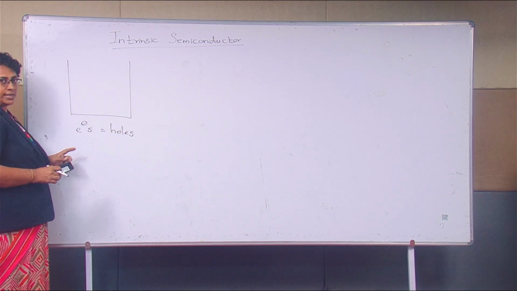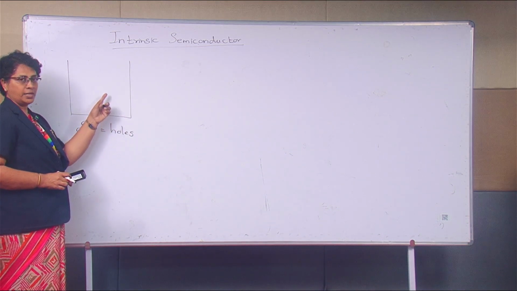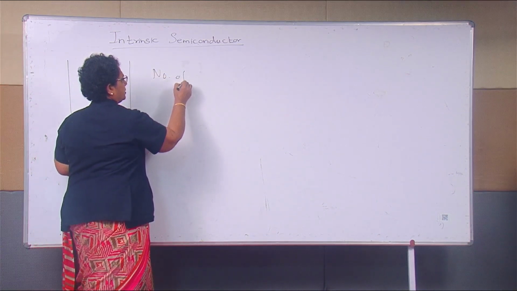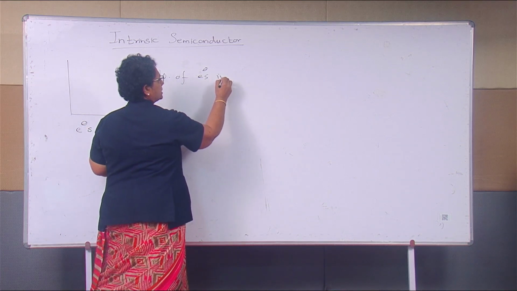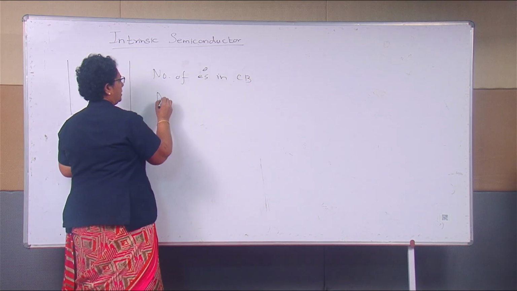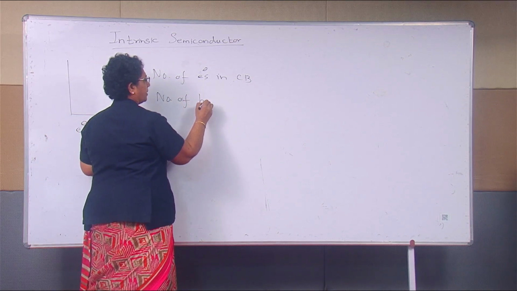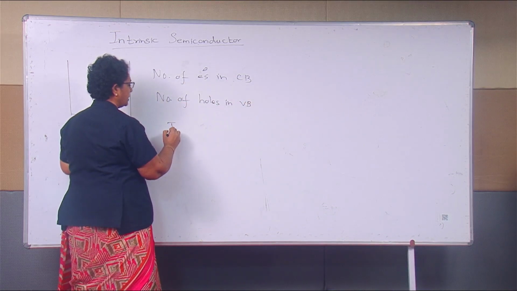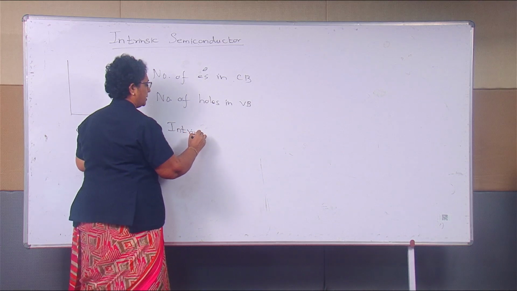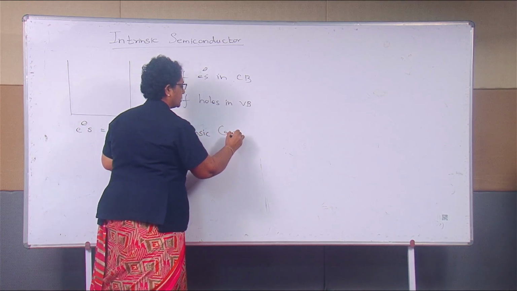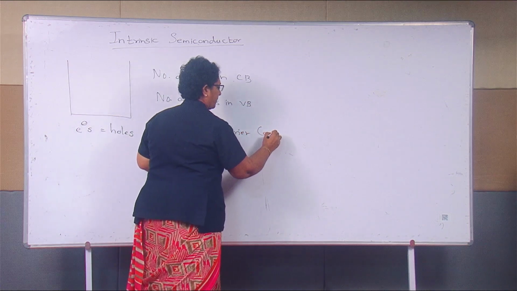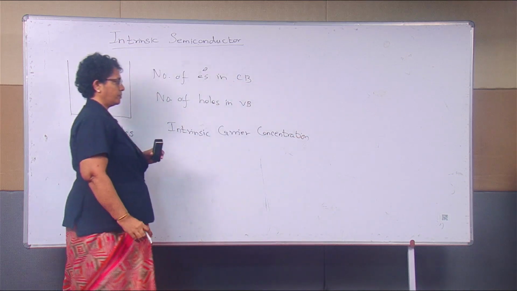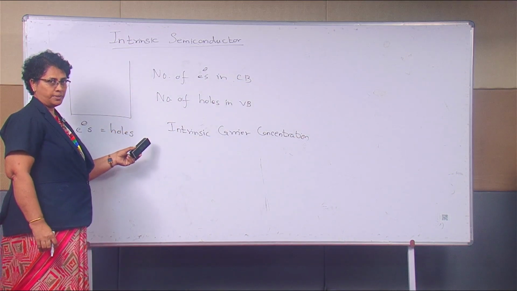Now we are going to derive an expression for the number of electrons in conduction band, the number of holes in valence band, and their total carrier concentration. So we are going to see 3 topics at a time.